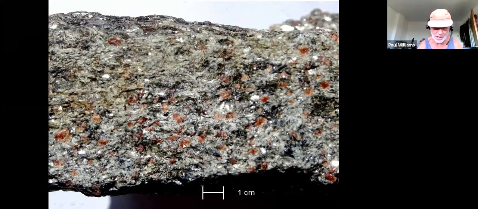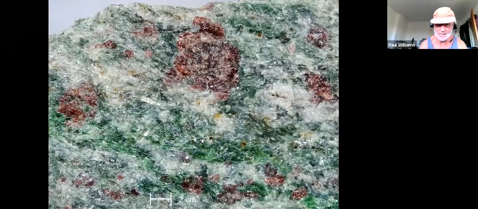So nice big garnets in there. And if we want to go up a scale, that's our 2 centimetre scale bar there. So some even bigger garnets in this piece, with some nice pyroxene dotted about there. But again, as I say, we're not looking at pyroxene because we've done that. But this is almost euhedral.